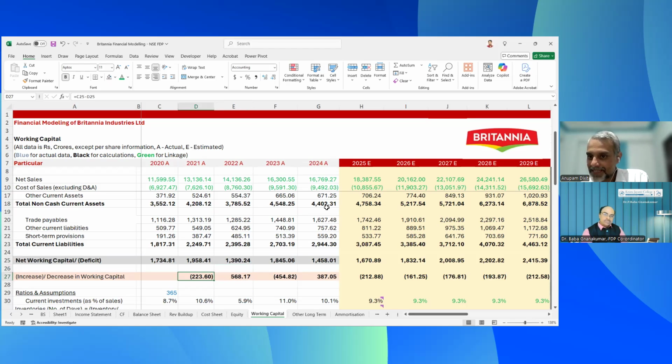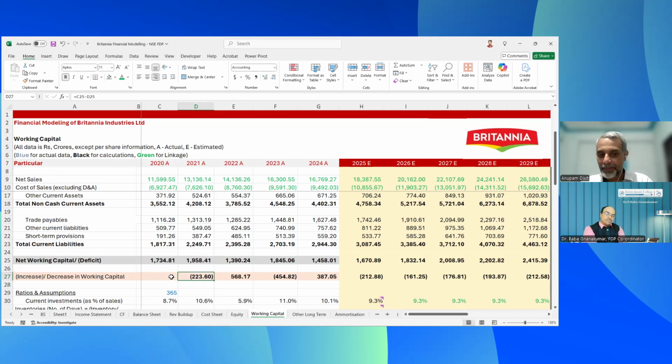And then later on, whether this change in working capital will cause a cash outflow or it will cause a cash inflow, right? For that, we have used the formula here, which is the difference between the net working capital of 2 years: previous year's net working capital minus current year's net working capital.